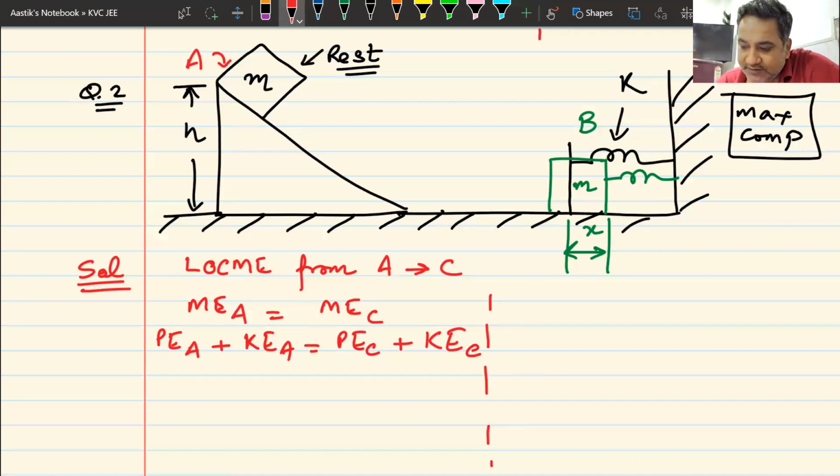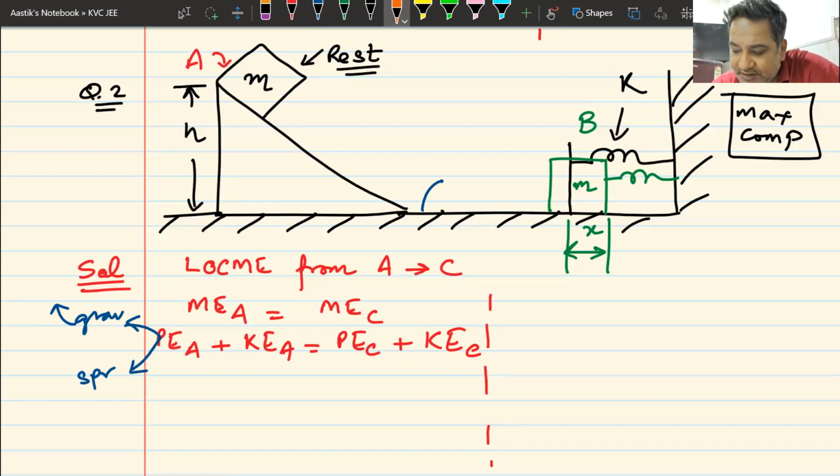Now, this potential energy at A consists of two things, right? It consists of a gravitational part and it consists of a spring part. To find the gravitational part, I must take a datum. So I take the gravitational potential energy of the ground as 0.